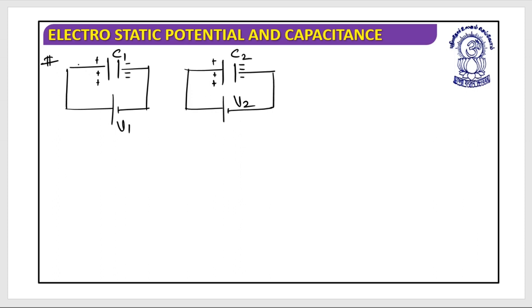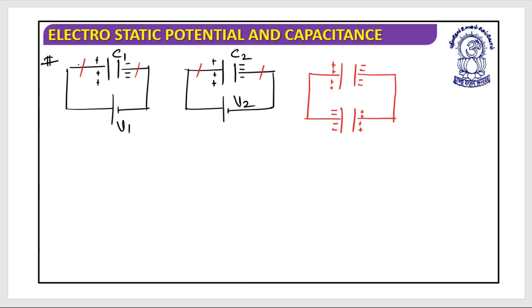Now I am going to disconnect these two after they have been completely charged, and connect them like this. This is positively charged, this is negatively charged, and this would be negatively charged, this would be positively charged. I hope this is clear.